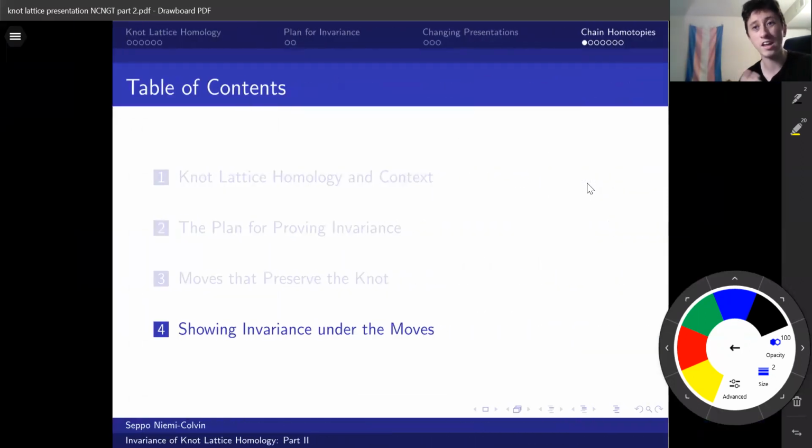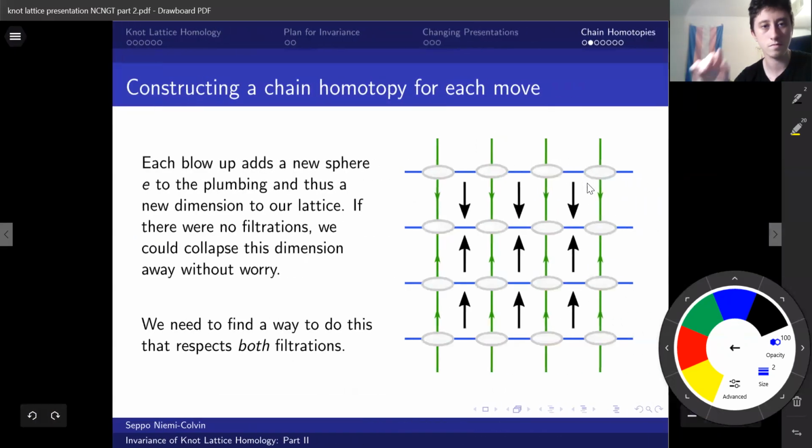Finally, we need to show invariance under these moves. Each new blowup adds a new sphere, E, the exceptional sphere, to the plumbing, and thus a new dimension to our lattice. If there were no filtrations, we could collapse this dimension away without worry.